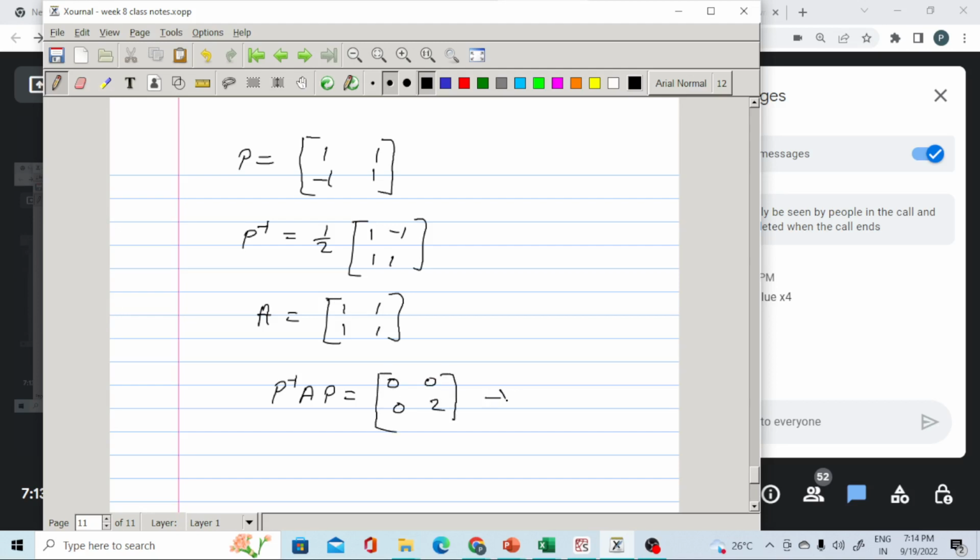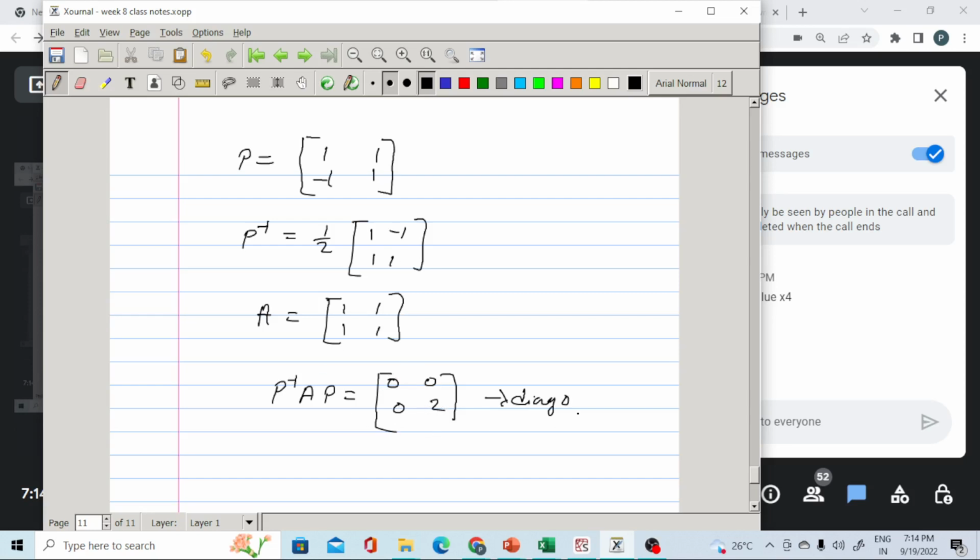So this is a diagonal matrix, and the diagonal entries are the characteristic values. The first one is 0, because we took the eigenvector (1, minus 1) corresponding to 0, so the first entry is the corresponding eigenvalue. Here also (1, 1) corresponds to 2, that is why the second entry is 2.